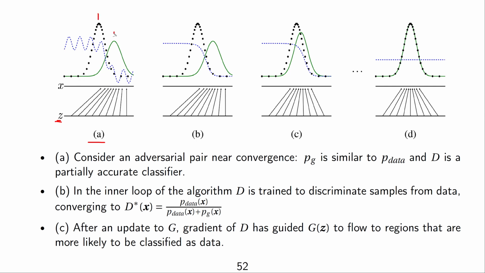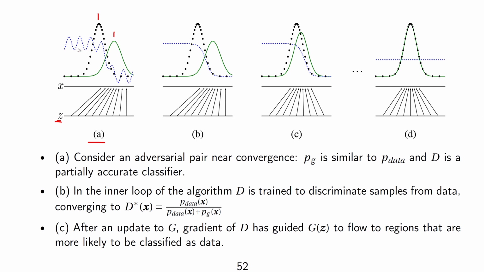So if we're near convergence, the model distribution is already quite similar to the data distribution, then this dashed blue line would be a noisy discriminator that has pretty good values, but it's still kind of noisy, it's not trained perfectly.